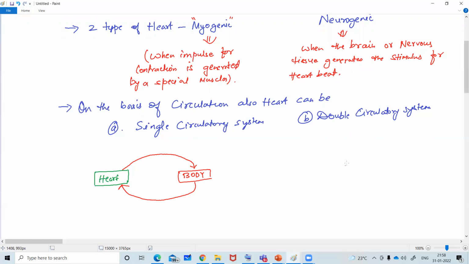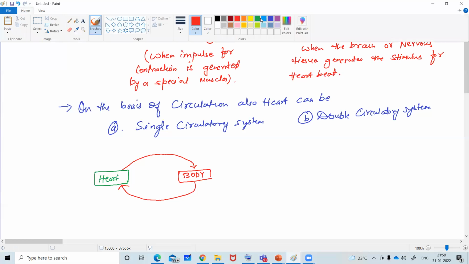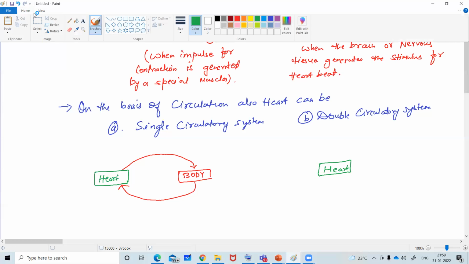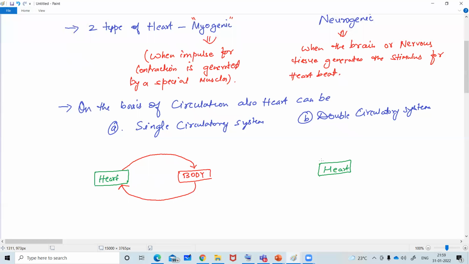In the double circulatory system, you will find that blood passes through the heart twice, right? Just take an example. Suppose this is the heart. First, the blood is coming out from the heart, going into the lungs, and then from the lungs it's coming back to the heart. This is one circulation.